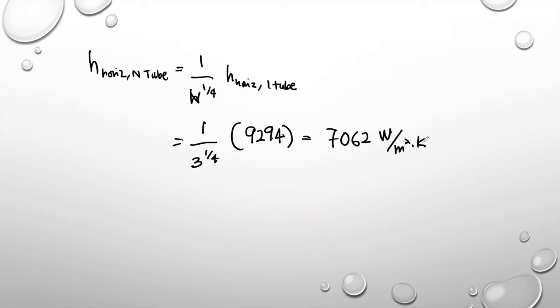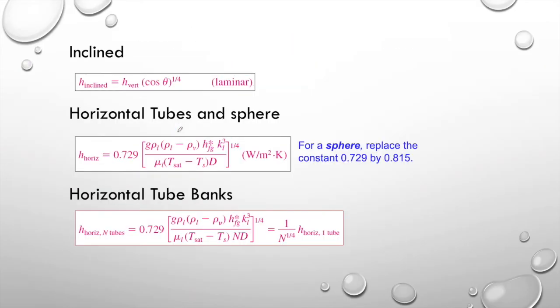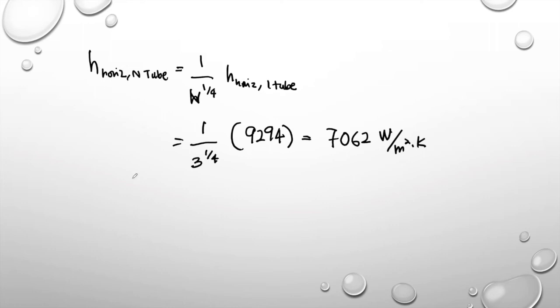The equation is the same as before, where we have to find the q dot, the rate of heat transfer. The question is the same: the first one, A, is the rate of heat transfer, and the second one is the rate of condensation. So we have to calculate the q dot. We know that the equation of q dot is h AS times T saturation minus T S. Now we have to determine the AS.